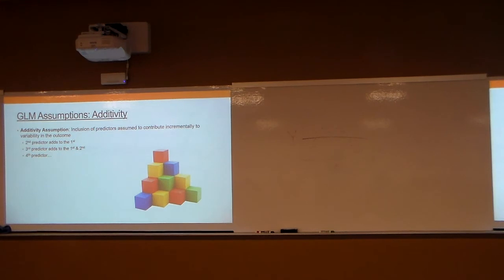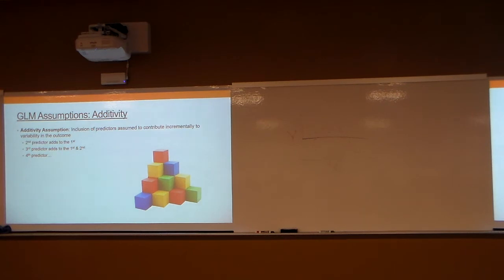Okay. The other model assumption of our generalized linear model is an additivity assumption. What we're saying here is that as we include additional predictors, these contribute incrementally to the prediction of variability in my outcome.